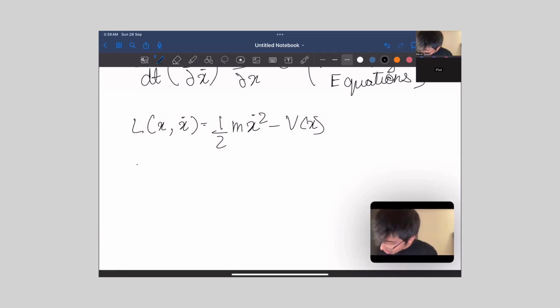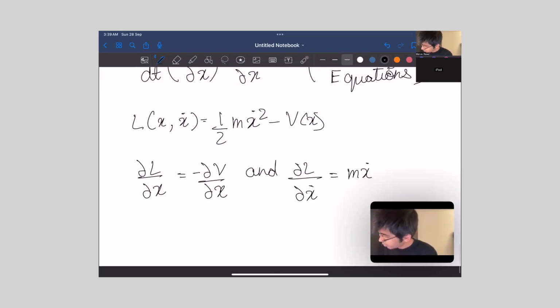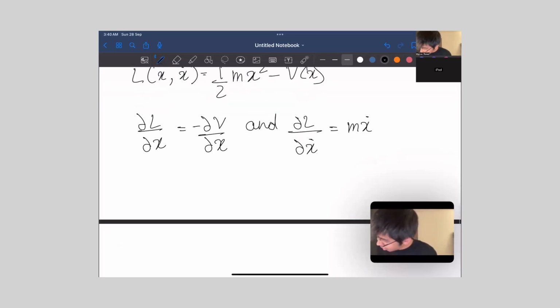Now I can take the partial derivative of the Lagrangian with respect to x, and I will get this. Okay. So we are over here.